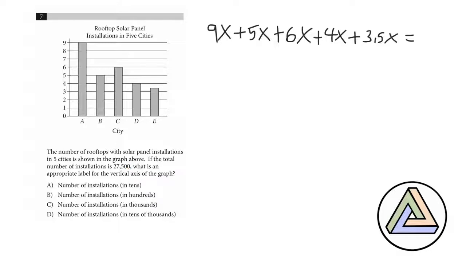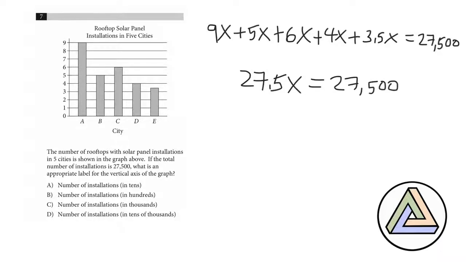And then that's going to be set equal to 27,500. All right. And then, of course, you combine like terms. 9 plus 5 is 14, plus 6 is 20, plus 4 is 24, plus 3.5 is 27.5x, and that gives you 27,500, which makes total sense.